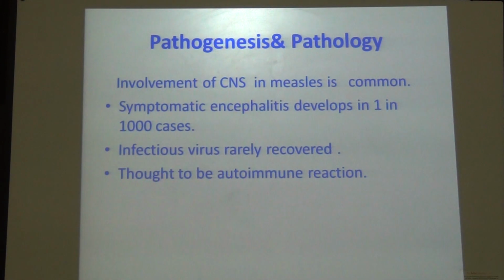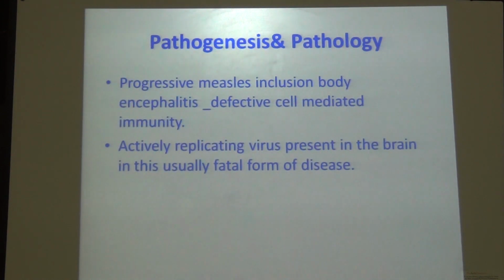Infectious virus is rarely recovered, and it is thought to be an autoimmune reaction. The progressive measles inclusion bodies are a cause of encephalitis, and it is thought that defective cell-mediated immunity is the cause of progressive measles.